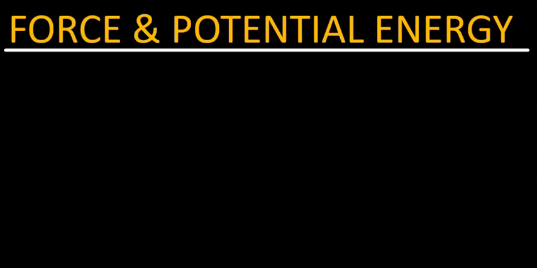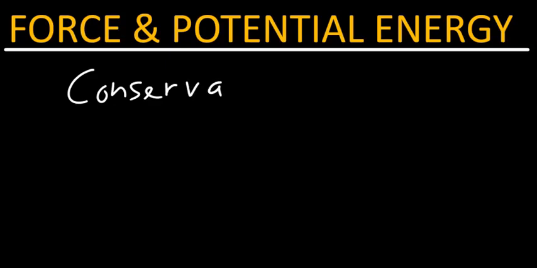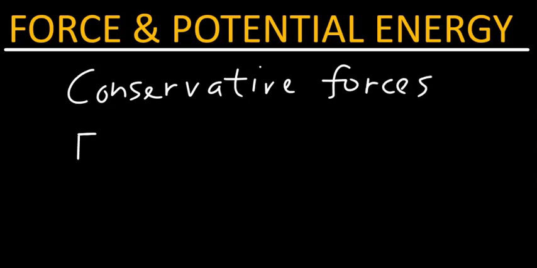In this video, we shall look at how force and potential energy are related to each other. We shall restrict ourselves to only so-called conservative forces. So in this case, the conservative force can be expressed in terms of the potential energy function as follows.